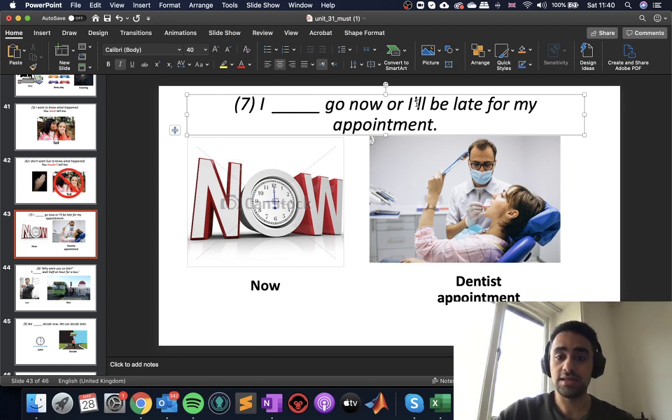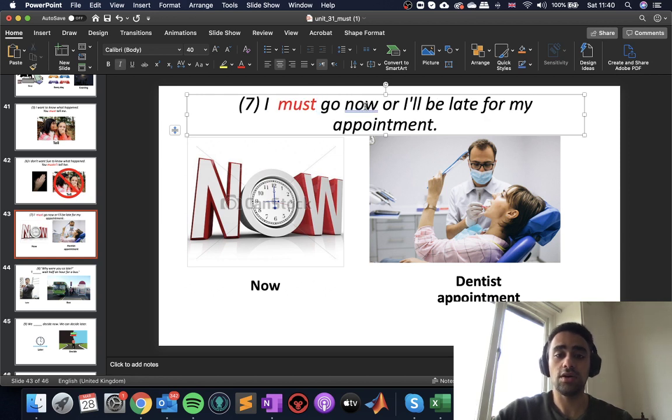But because it's something affecting the future, I will be late, I must go now, in the present. I must go now. This is because of now, we don't use I had to.